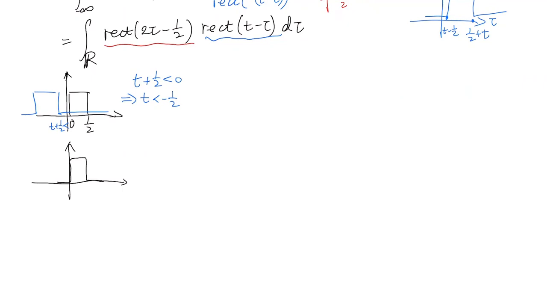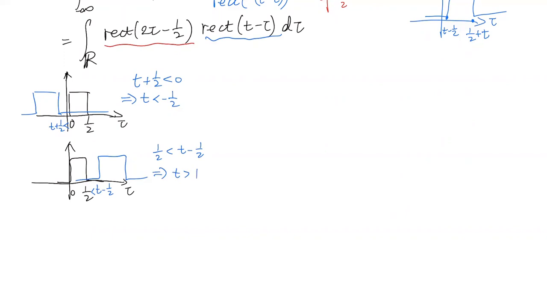Of course, we have another scenario, which, as I said before, is where the blue kernel is on the right-hand side. Here the cutoff point is t minus half, the left end. This point is on the right of this half, so we need to write half less than t minus half. That means t must be greater than 1.